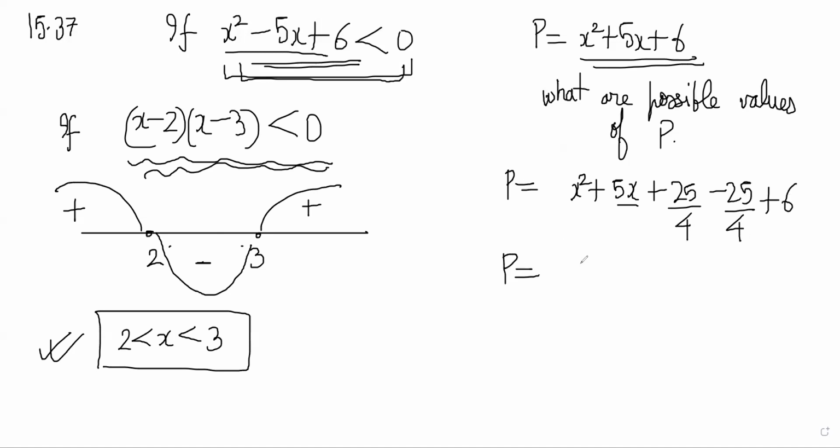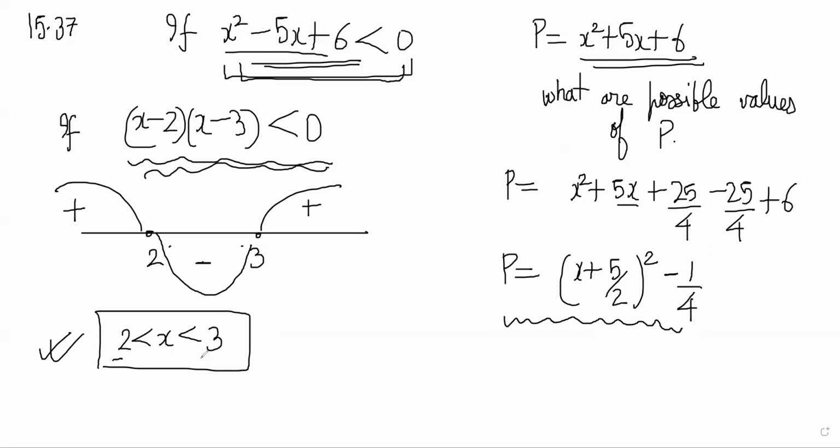P is basically x plus 5 by 2 whole square, minus 25 by 4 plus 6, which is minus 1 by 4. What is the benefit of completing the square? I know now that it is some perfect square minus 1 by 4.